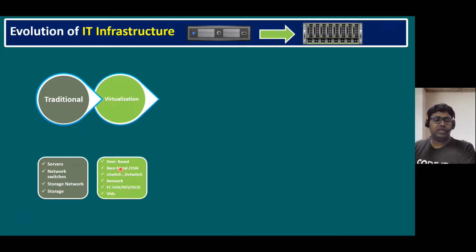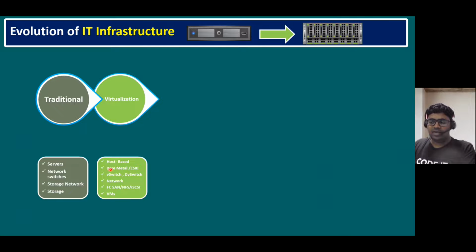Why all the organizations started moving to virtualization means definitely there is some OPEX benefit and CAPEX benefit. OPEX means operational expenditure benefit and CAPEX means capital expenditure benefit. Even our annual maintenance cost, AMC cost, is reduced. So if we have benefits in virtualization, definitely the organization will move to virtualization.